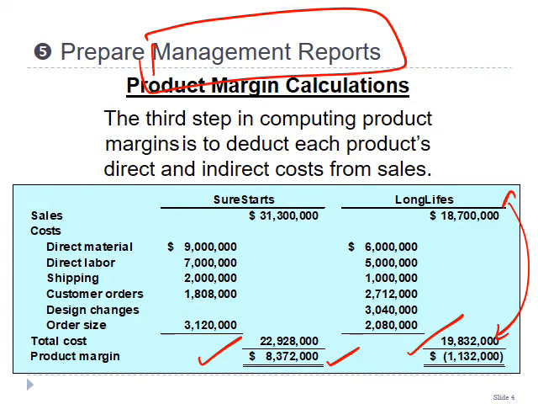And how are we going to do that? Through first stage allocation, we find out cost pools, and then from cost pools we can find out the activity rate.